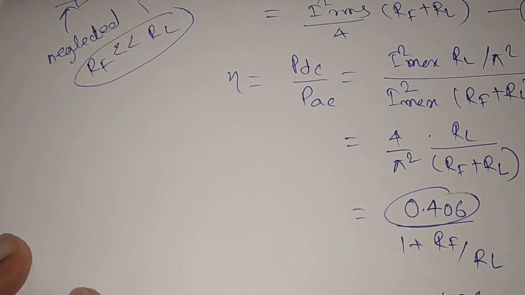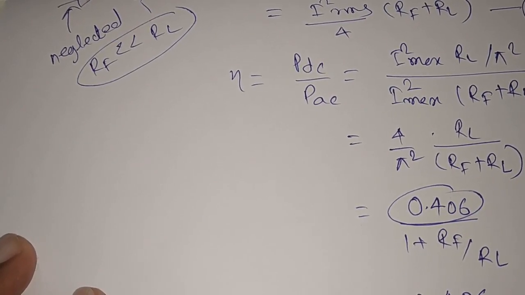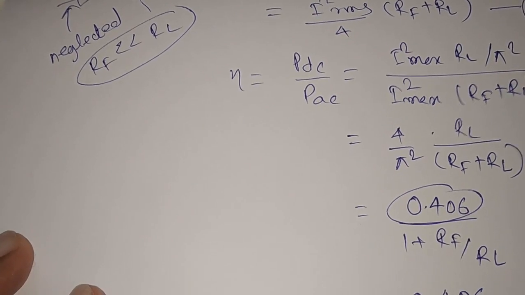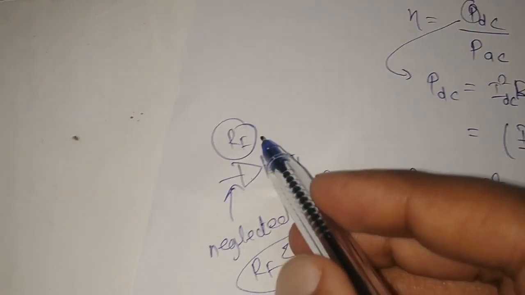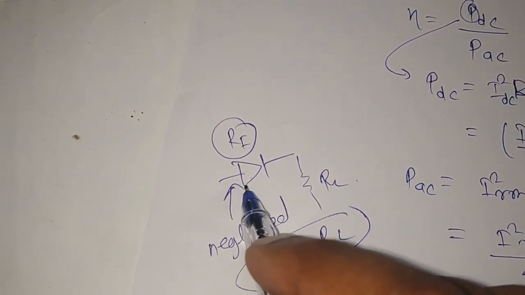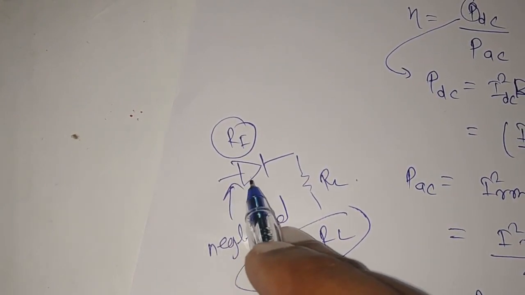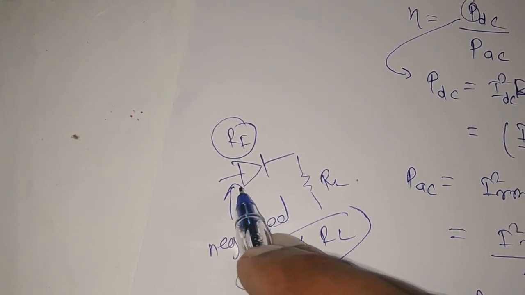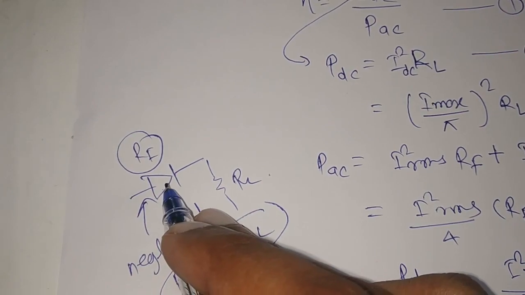0.406. What will be the percentage of this? The percentage, if we calculate, it will be 40.6. That means this diode is used at 40% efficiency. That means only 40.6% of this particular diode is being used, and the remaining part we are not able to use.